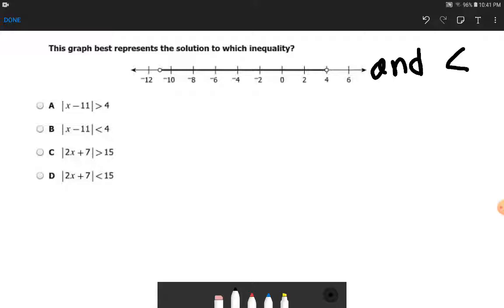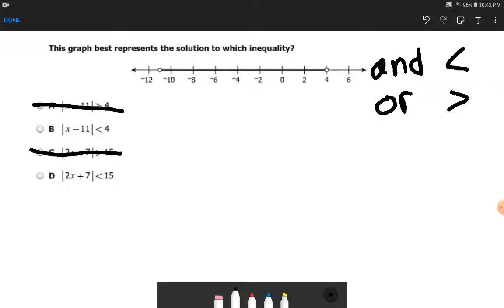And just remember that if they went on forever on both sides, it would be or, which is greater than. So we're going to look at our answer choices and eliminate the ones that are not less than. So C is eliminated and A is eliminated.